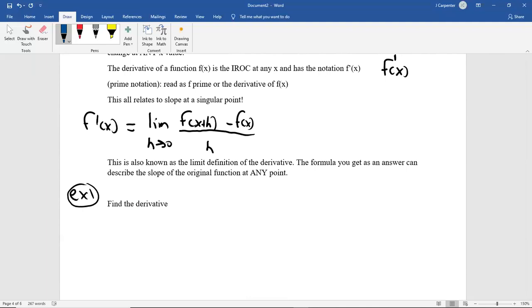Find the derivative of the given function. For a, we're going to have f of x be 2x minus 6.